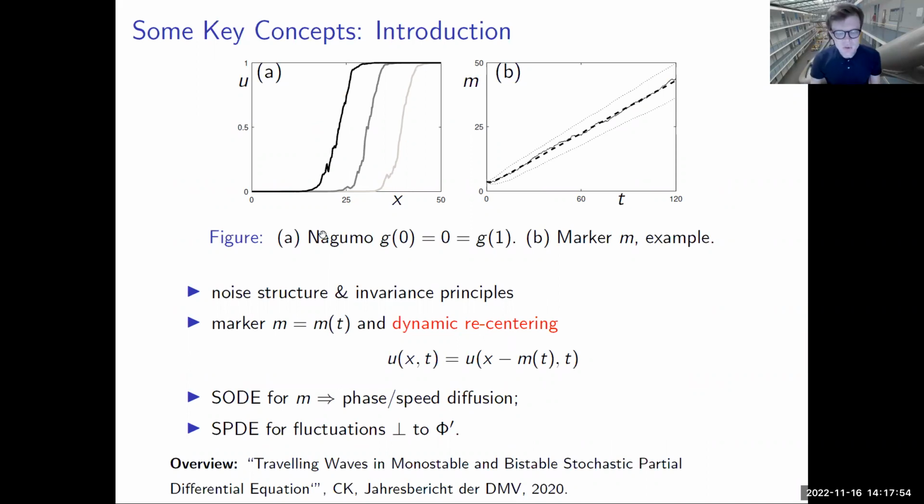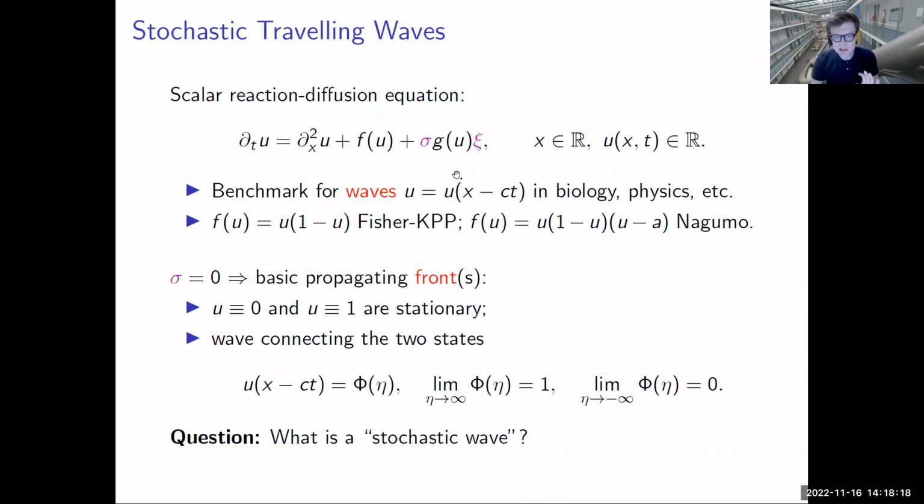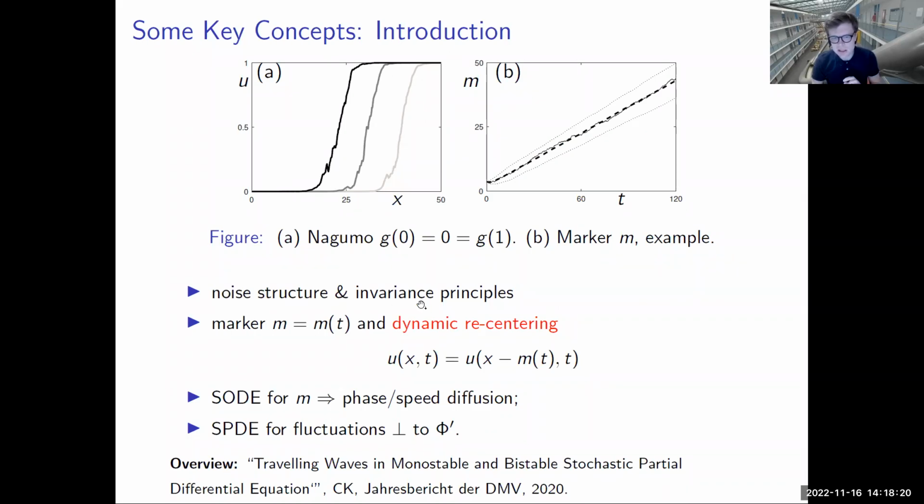Here I've taken the Nagumo equation and I have fixed my noise to be multiplicative. And I've assumed that at the ends of my wave, I've clamped the wave down so that there's no noise basically at plus and minus infinity, which is perfectly reasonable. You can show that these solutions actually stay between 0 and 1 if you start between 0 and 1, if you assume that the noise term, remember, this is the noise term here, vanishes at the end states.